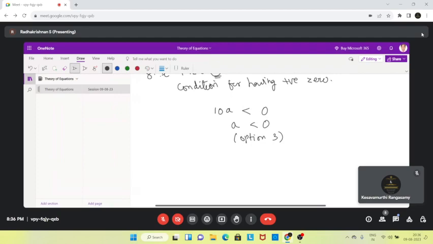The polynomial x cube plus 2x plus 3 has one negative. The options are these.